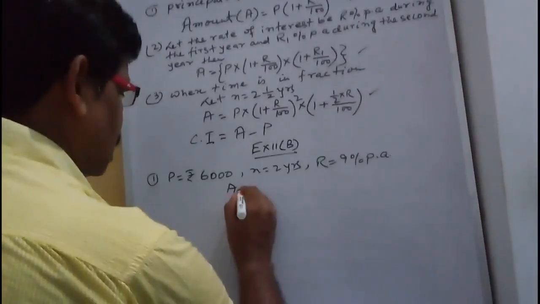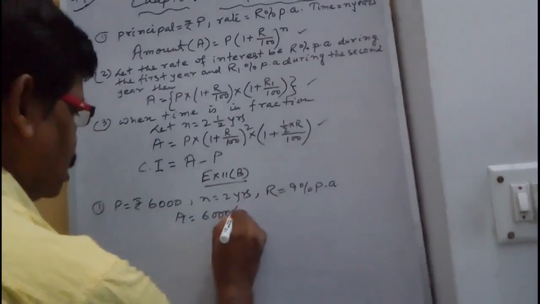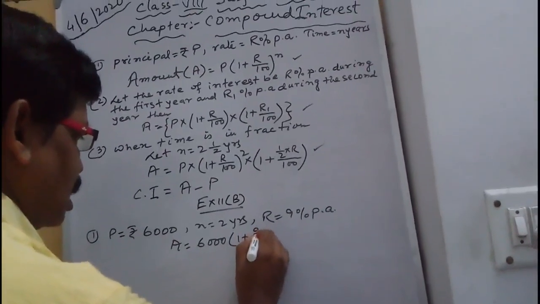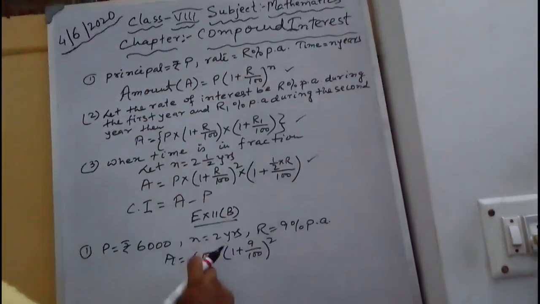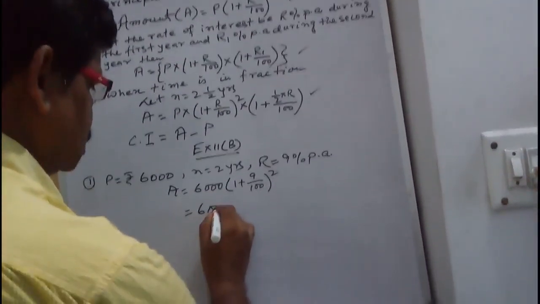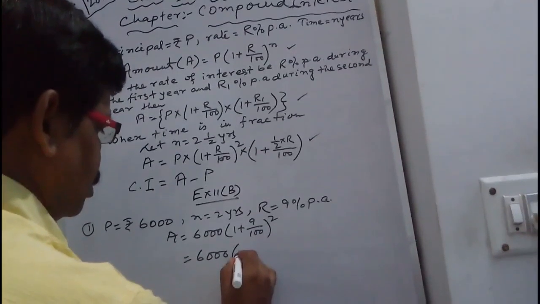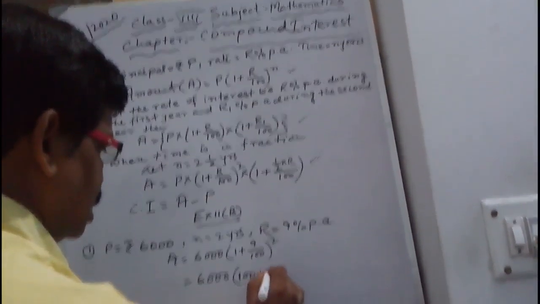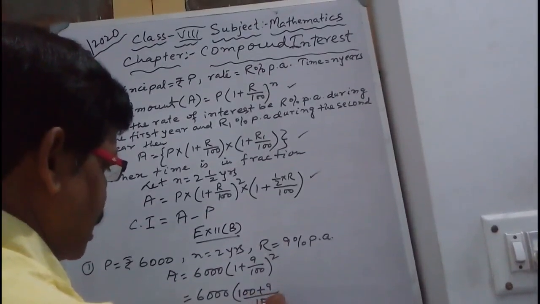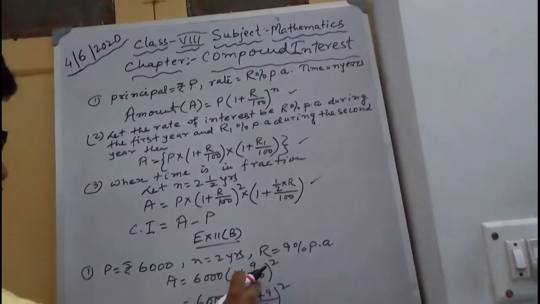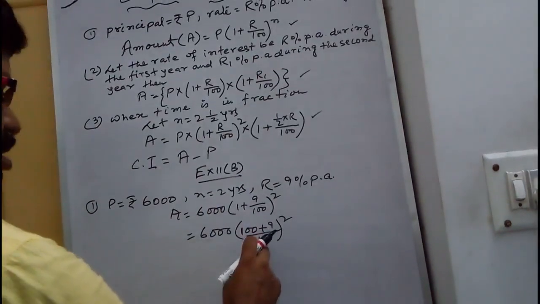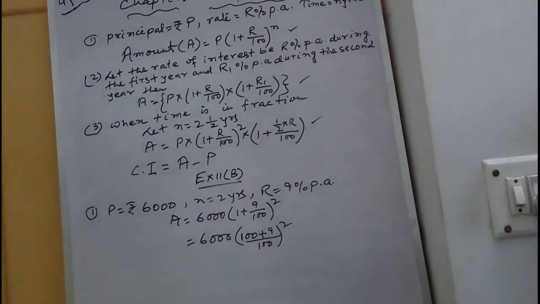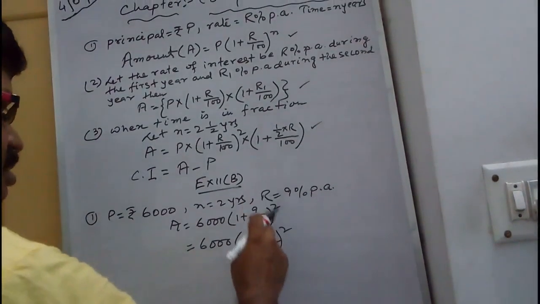Then amount equal to P(1 plus R by 100) power n, that is 2, by using that formula. So 6,000 (1 plus 9 by 100) power 2. By taking LCM of 1 and 100, 100 plus 9.